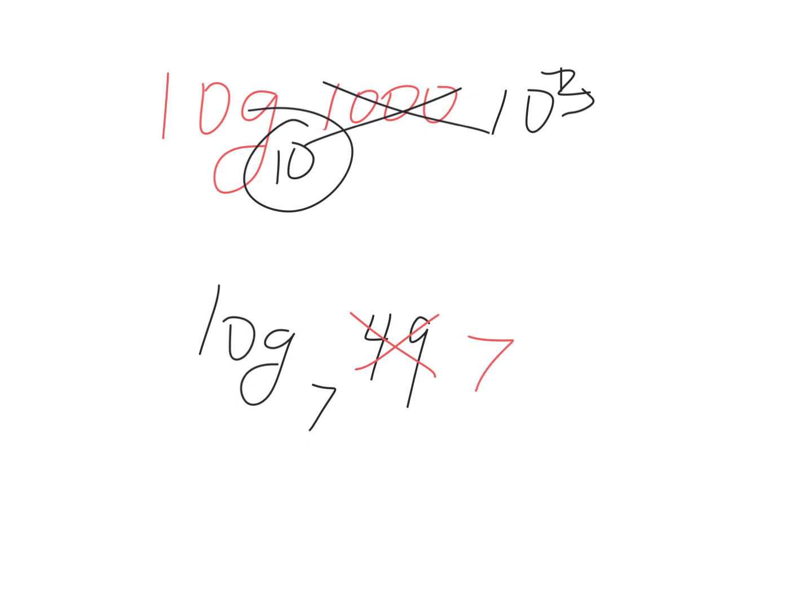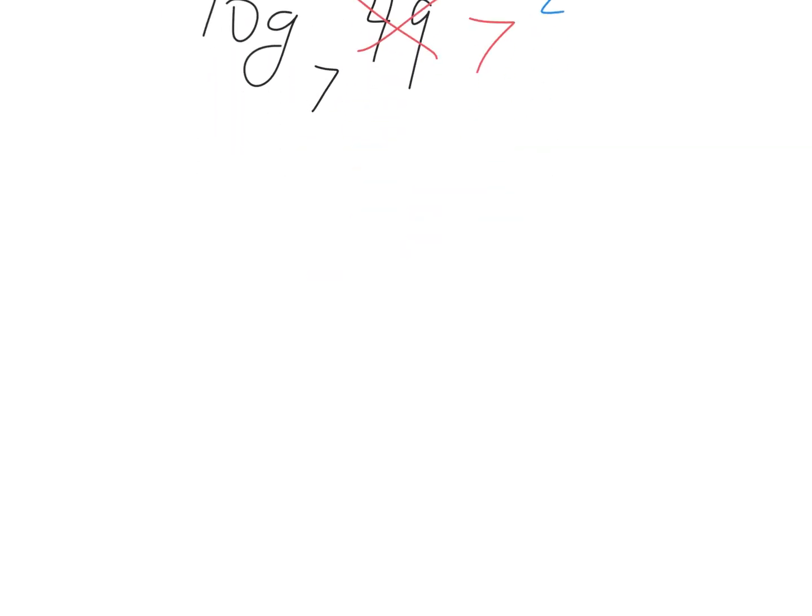The third. Nope, just to the second. Isn't 7 times 7 40? Please tell me it's 49. Okay, good. I'm just questioning my reality for a second there. Yes, 7 squared is 49. There we go. So the answer to this one is what? 2. Okay, good.